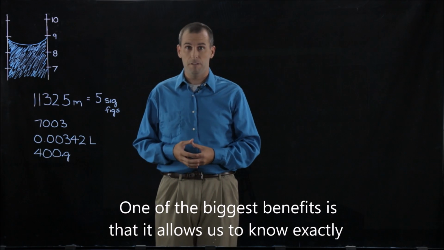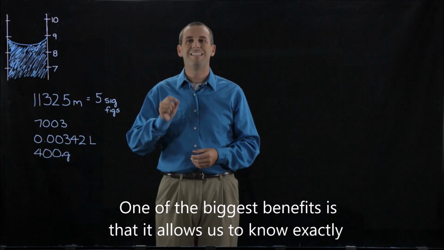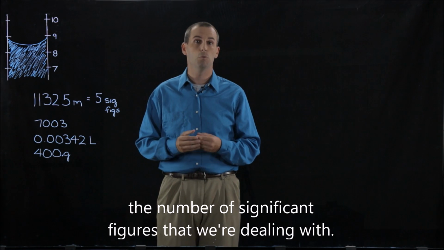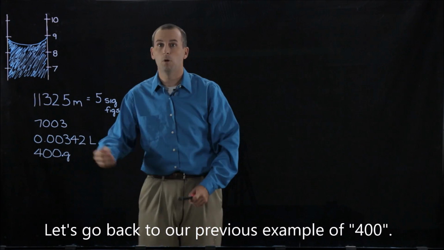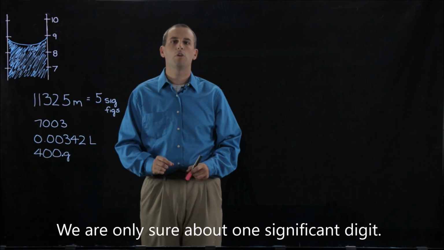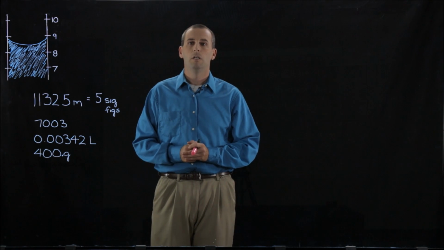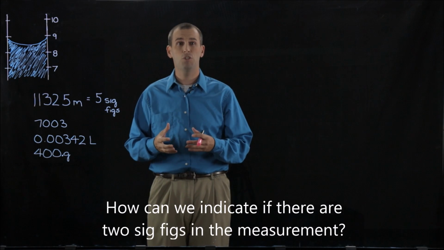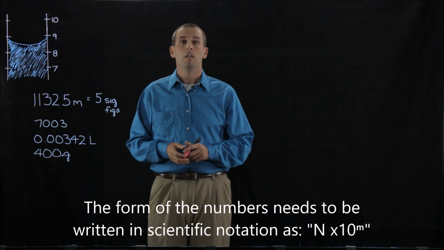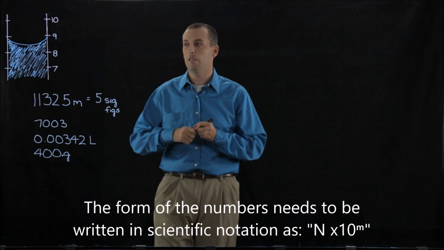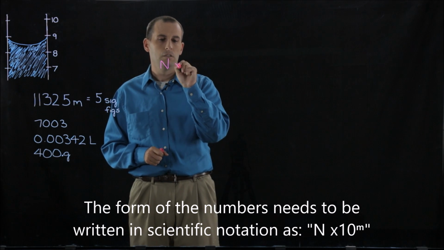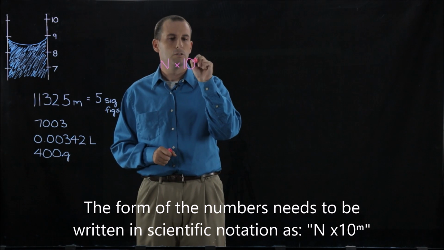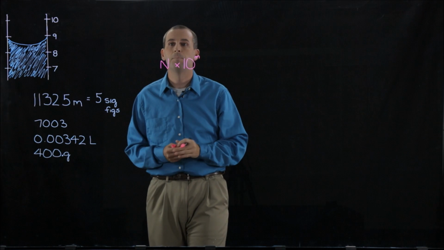One of the biggest benefits is that it allows us to know exactly the number of significant figures that we're dealing with. Let's go back to our previous example of 400. We are only sure about one significant digit. How can we indicate if there are 2 significant figures in our measurement? The form of the numbers needs to be written in scientific notation as n times 10 to the power of m.